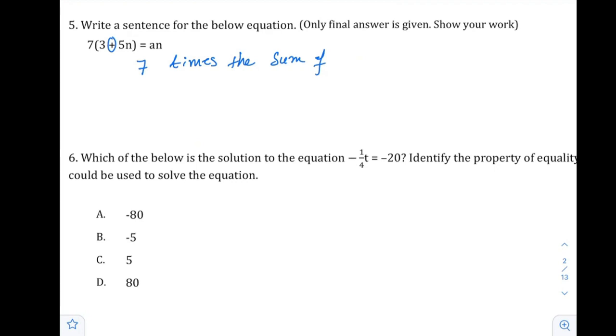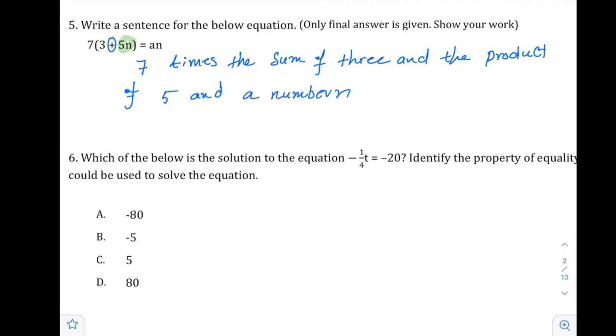From one side we have 3 and the other side is 5n, which can be represented as the product of 5 and n, or a number n, equals or is equal to the product of, or you can say easier, a times n, a number n.